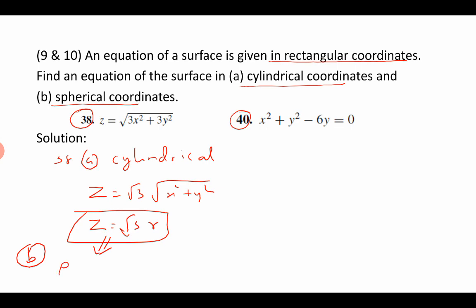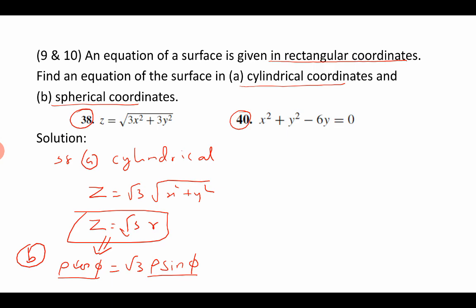From this equation we derive it. z is rho cosine phi, and r is rho sine phi, the formulas from cylindrical to spherical.